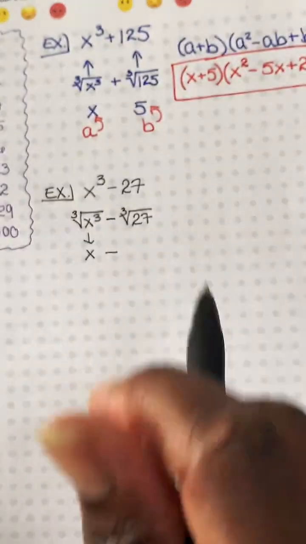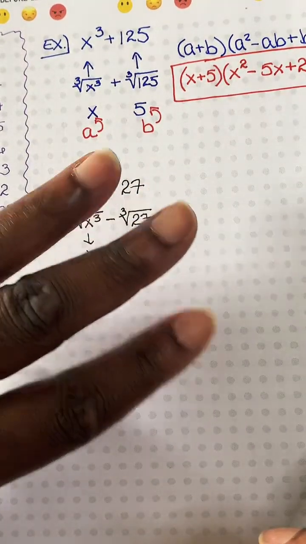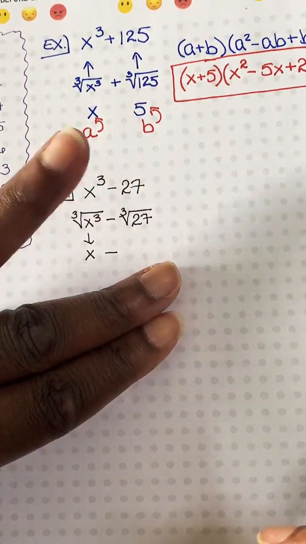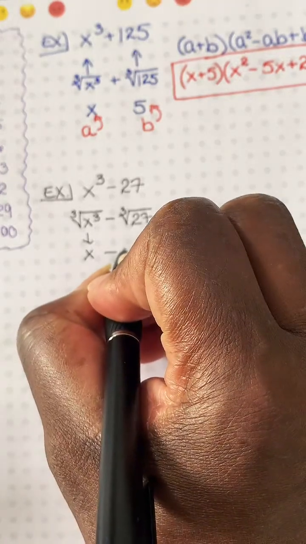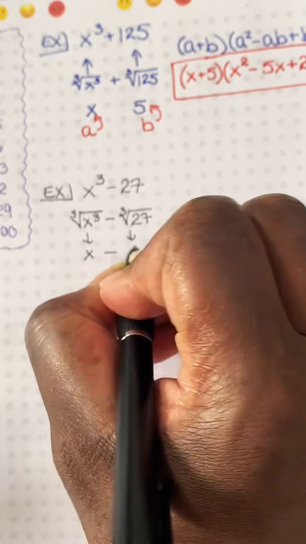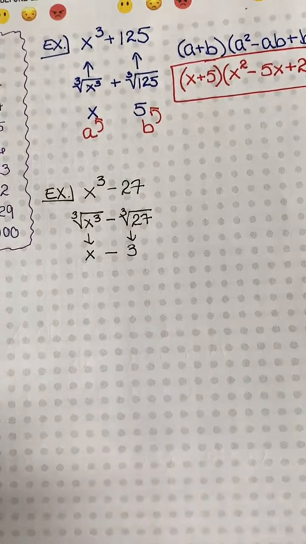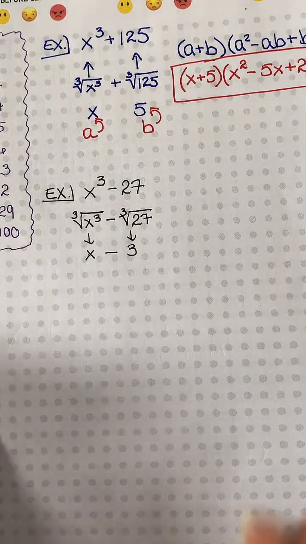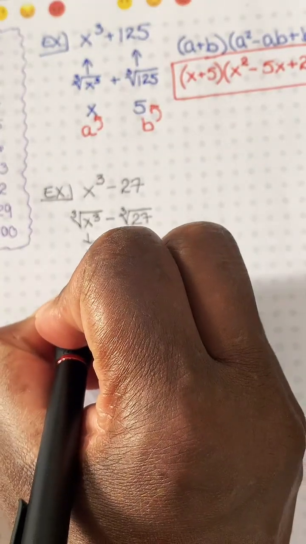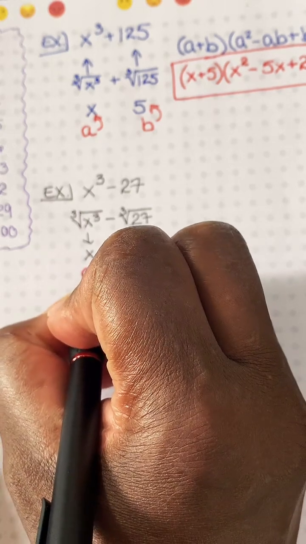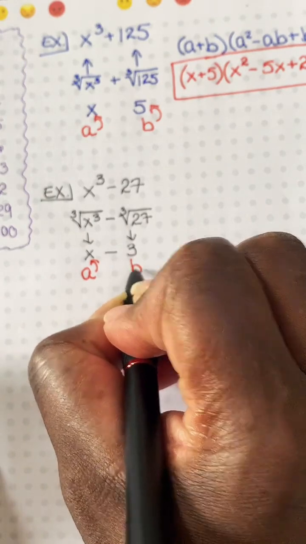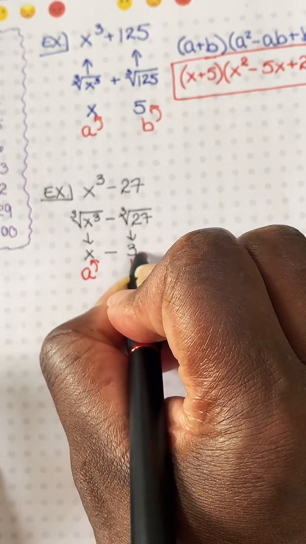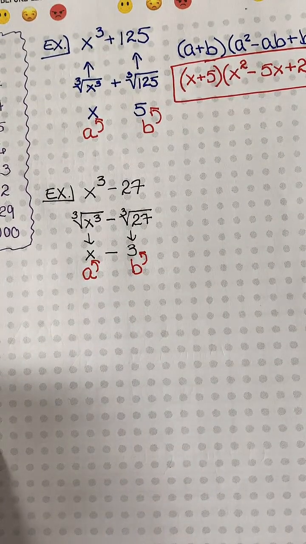Okay, so we're talking about 3 times 3 times 3. 3 times 3 gives me 9. 9 times 3 gives me 27. So what you just found was your A that we're going to use in the formula and your B that we're going to use in the formula.